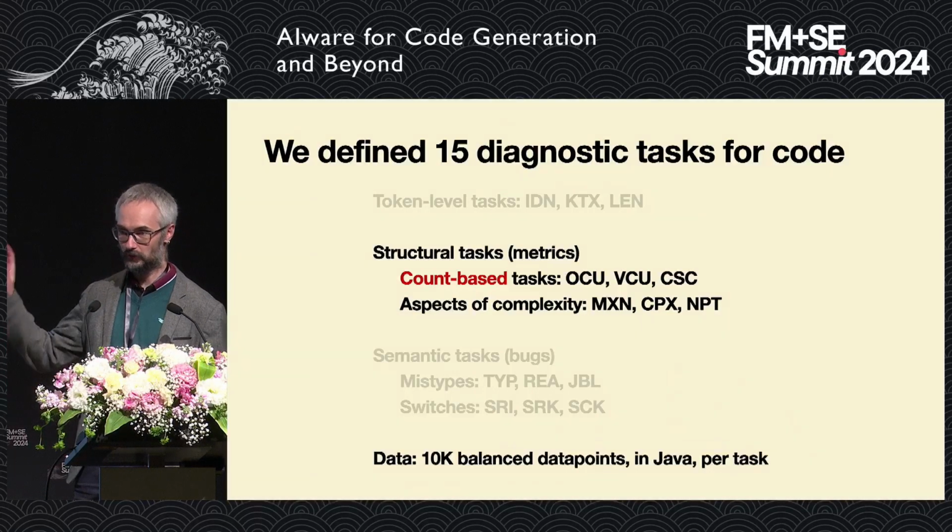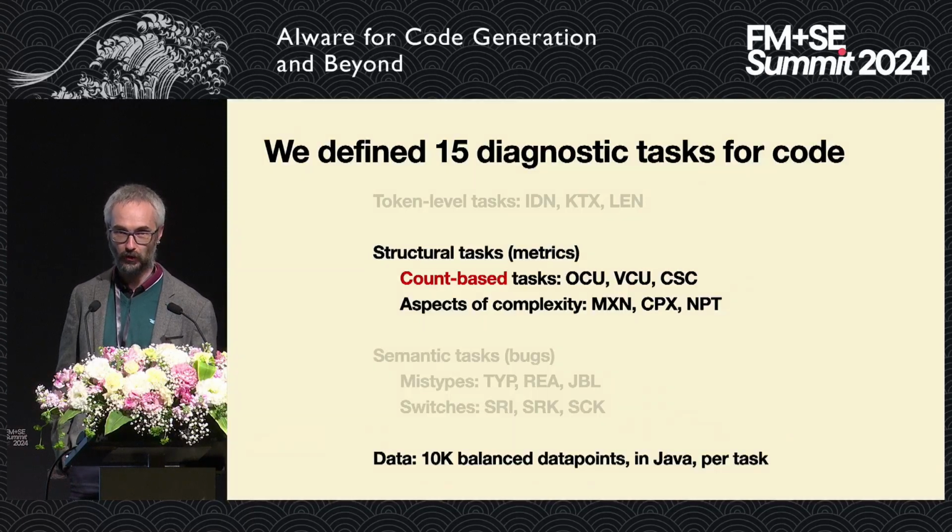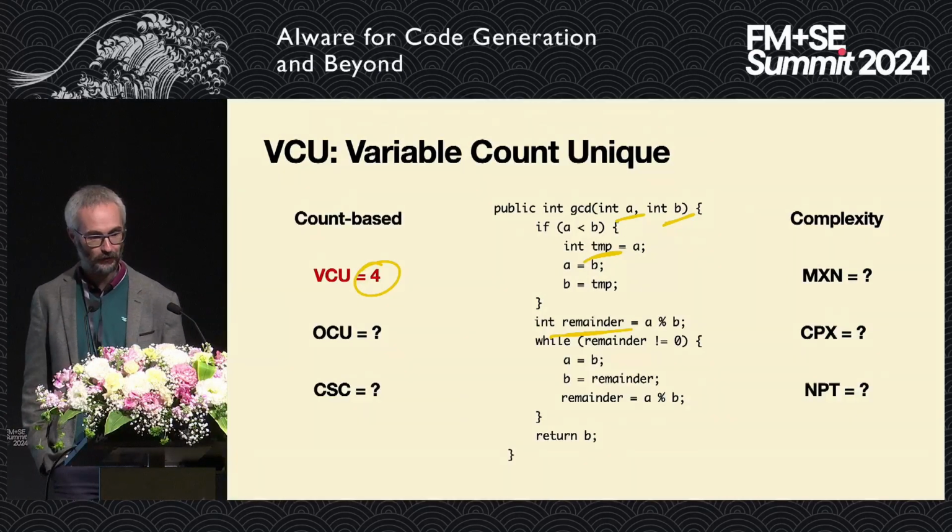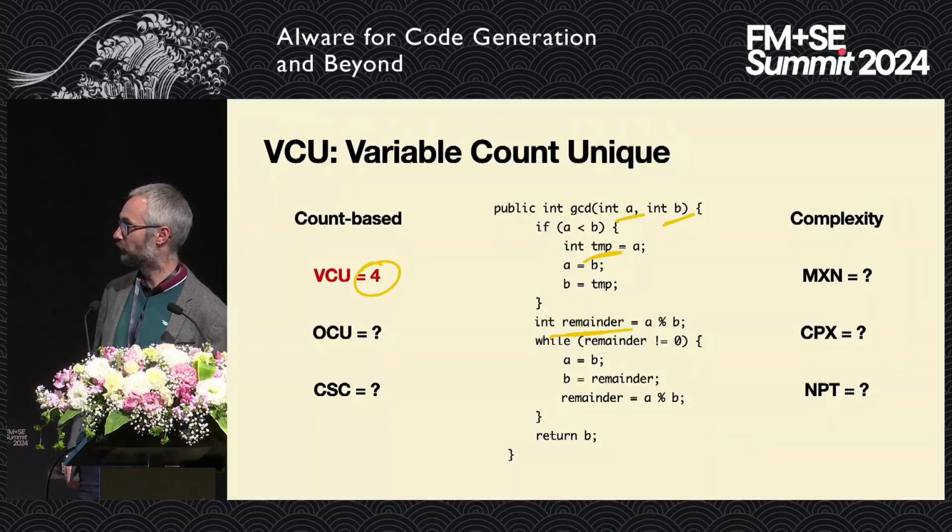These essentially were metrics computed on source code fragments. For instance, given a source code fragment, the task was to see if the model is able to count the number of variables in it.